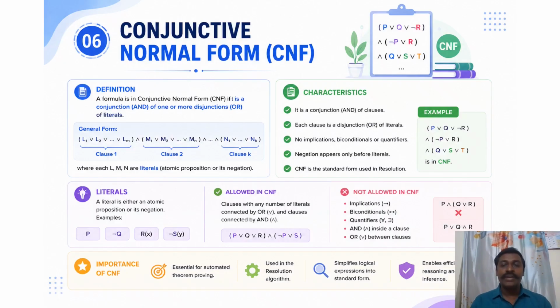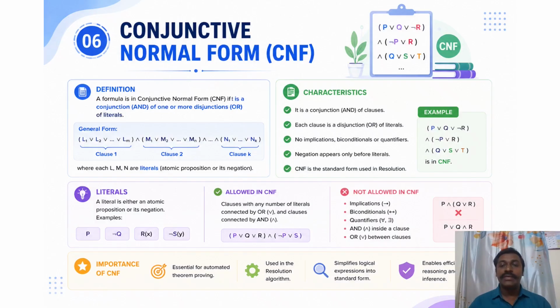So first of all, we have to make all the literals into ORs, and then we have to combine them with AND. So for example, here, P or Q or not R. So here we can just put them in the conjunctive form: the first expression with OR, the second expression also with OR, the third one also with OR, and everything is combined with AND.